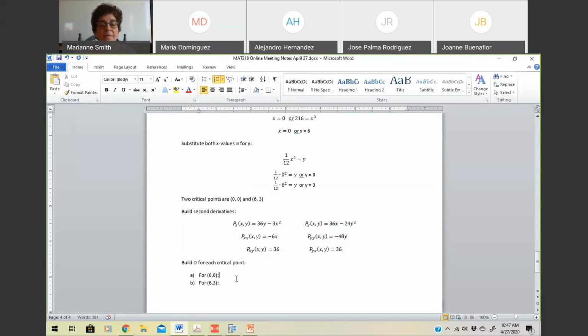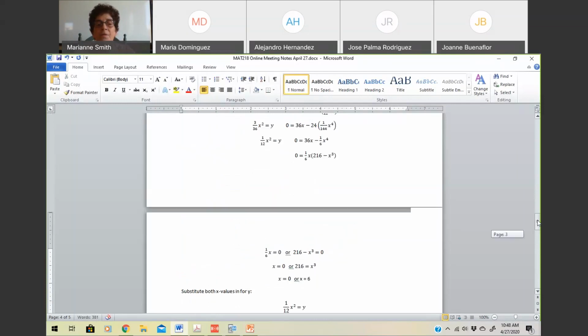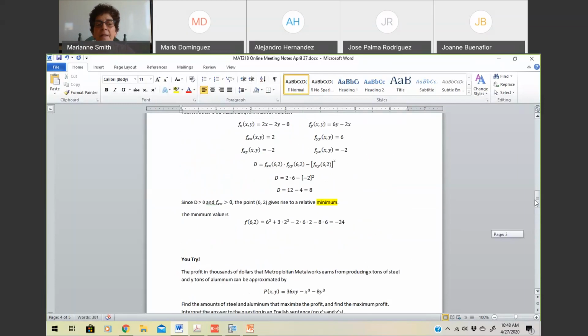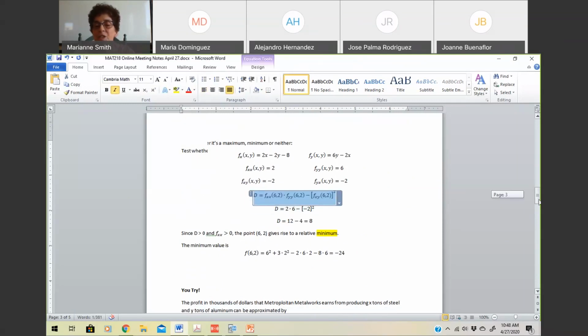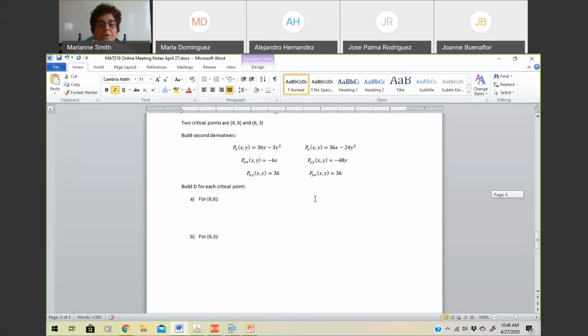You can see how a lot of this is organization. Let me go back up and grab the formula for D. I'm just taking one of the formulas that I have on my sheet, and I'll plug in the right values for the ordered pair. Right here, I want to plug in 0, 0.